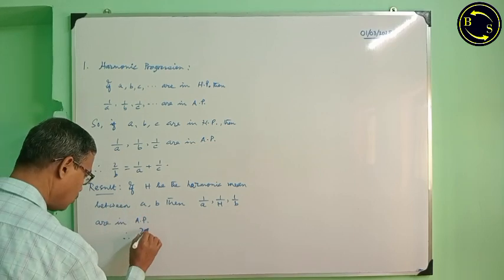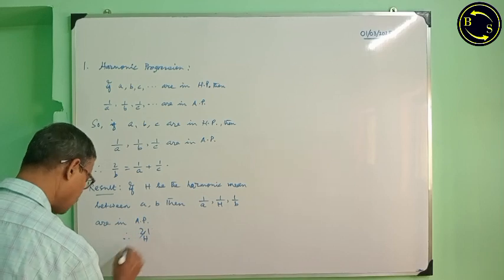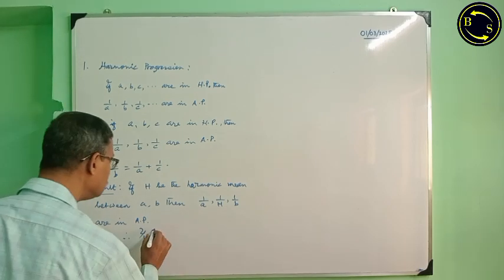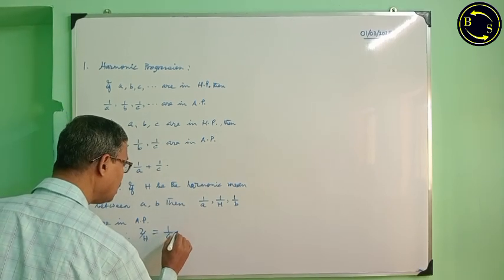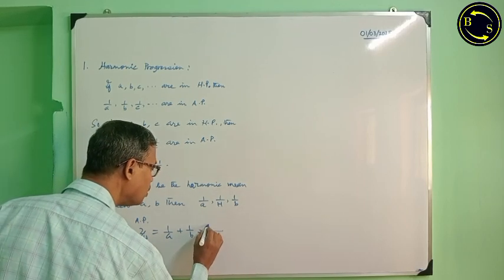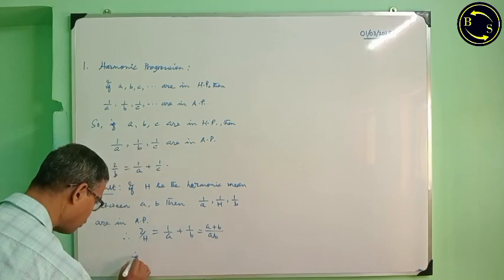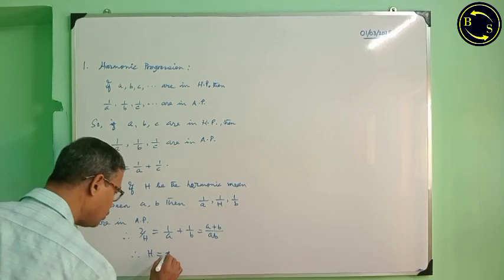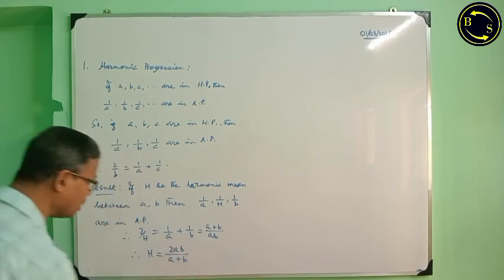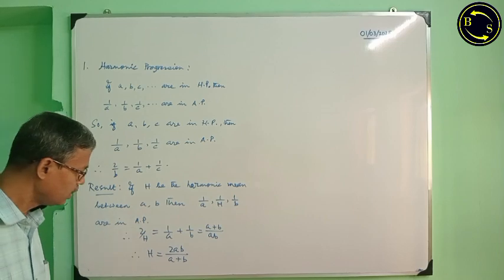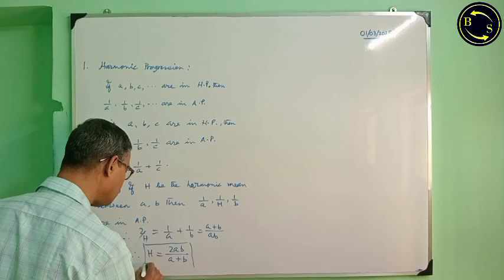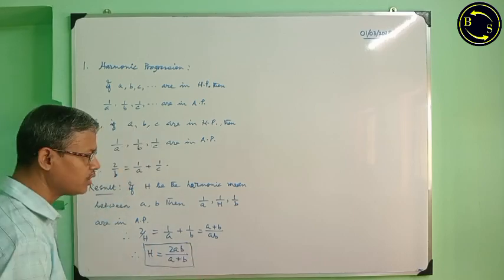Therefore, 2 by H is equal to 1 by A plus 1 by B. We simplify this. From that, H is equal to 2AB by A plus B. Therefore, the harmonic mean of A and B will be this one. It will be better if you memorize this result.